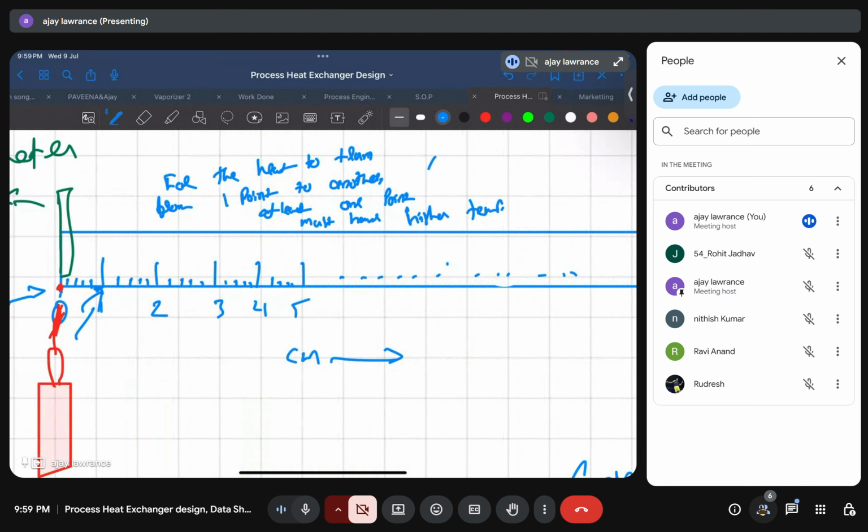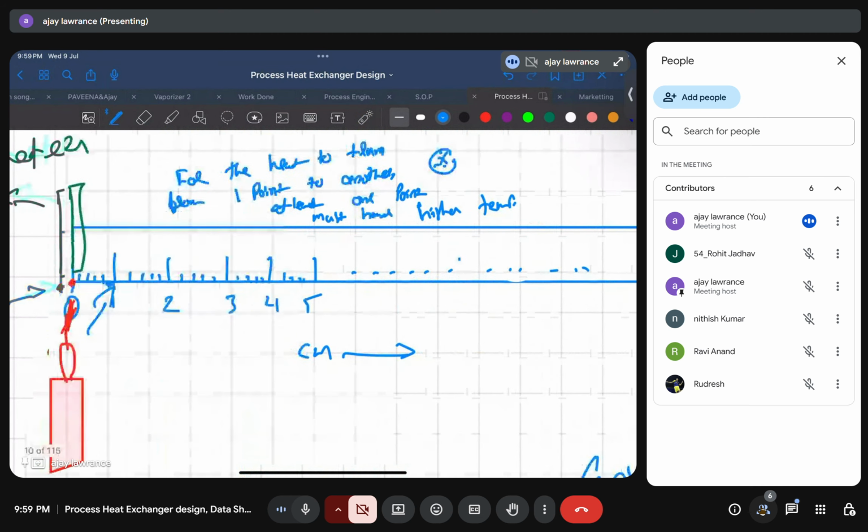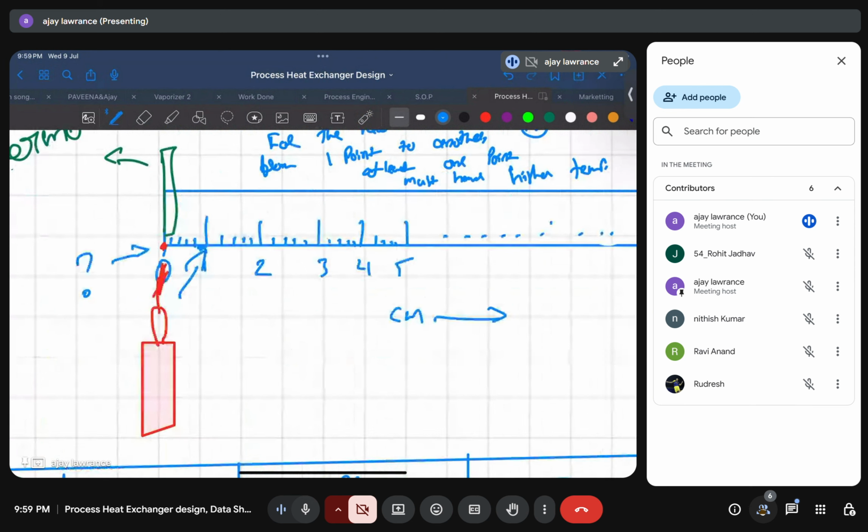So this is the main rule. For example, heat will get transferred if at least one point is having higher temperature. If this is T1, or you can write T0, and this is T1, T0 should be greater than T1 for the heat to get transferred.